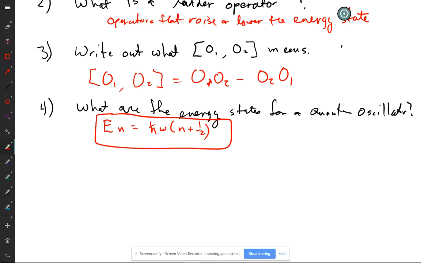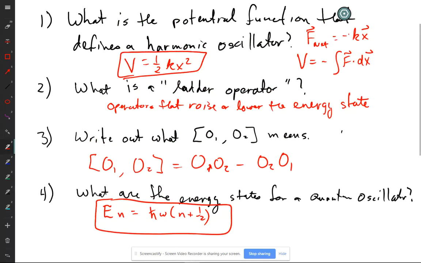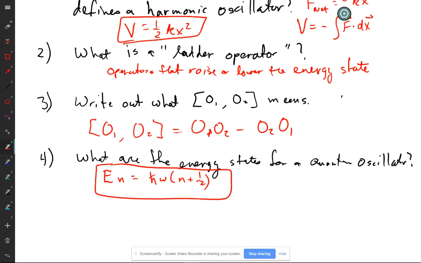Here, it still has that basic idea, but it doesn't correlate exactly because we didn't have solutions that were sinusoidal. I believe we still will have an oscillation, but we weren't finding position as a function of time. Hence, it's not exactly the same thing.